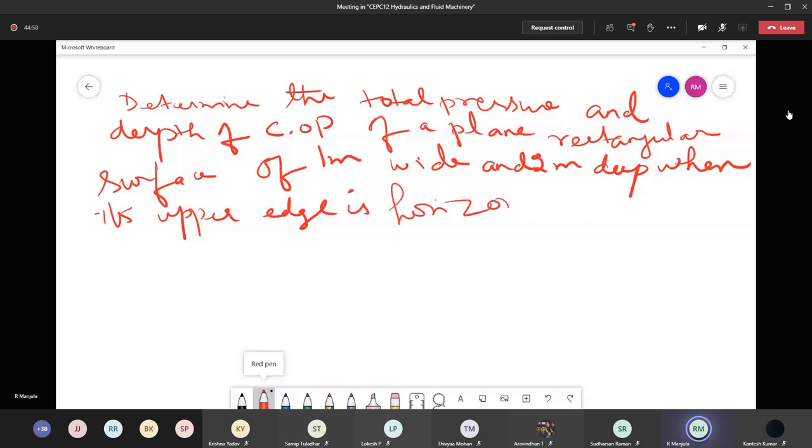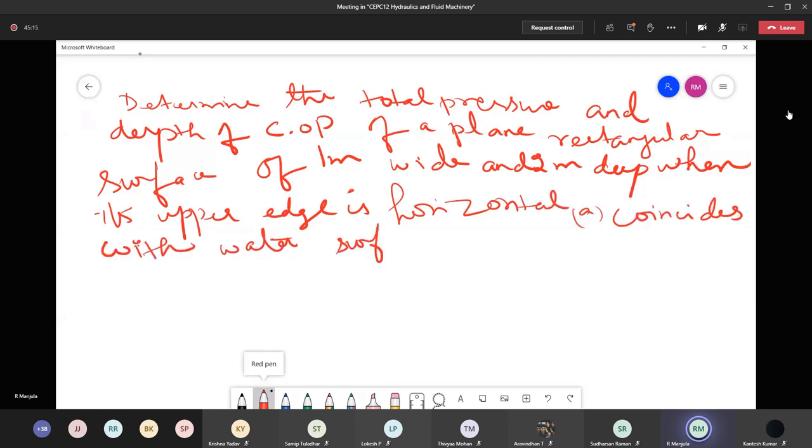Question number A: it coincides with the water surface. Question number B: it is 2 meter below.